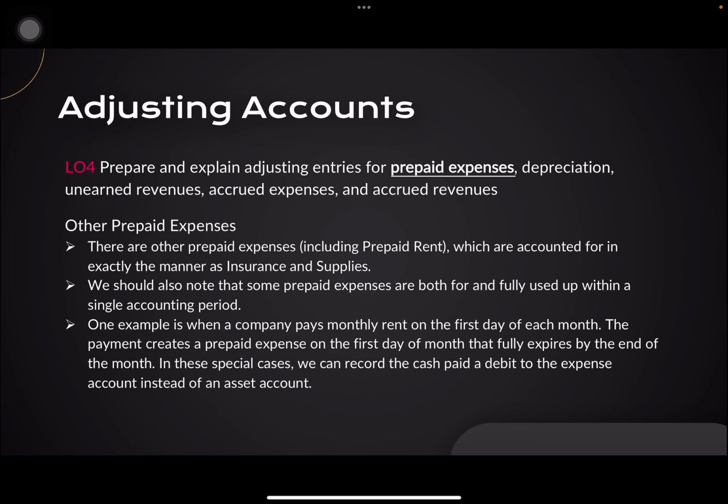So that $1,050 would now be recognized as part of your expense under your supplies expense account. And that decrease, $1,050, will be deducted from your supplies asset account. Okay, so again, those were the highlights for your prepaid expense primarily.